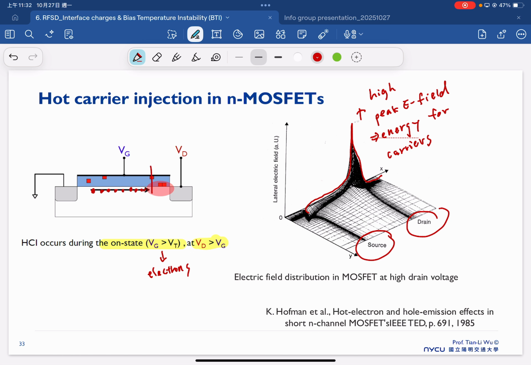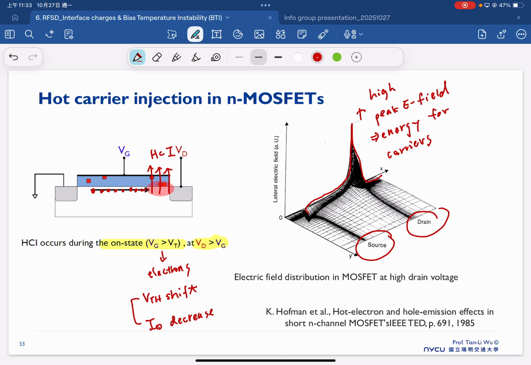So therefore, we will have this hot carrier injection in this region here. And this hot carrier injection will cause the threshold voltage shift, but also will cause the drain current to decrease. So that's a very serious phenomenon.